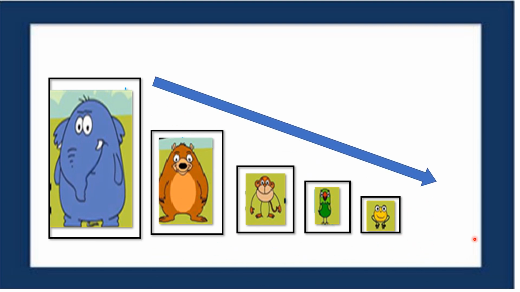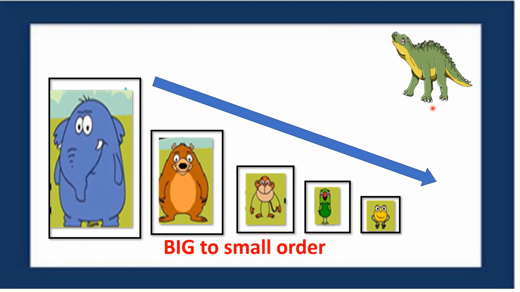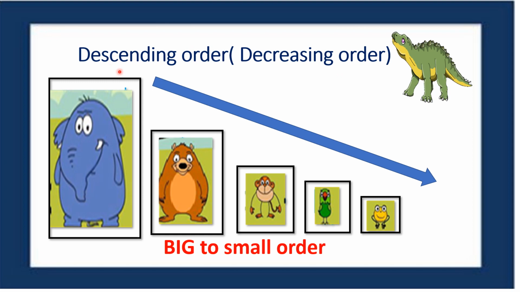These animals are standing from the biggest to the smallest. So big means you have to recall the picture of the bigger one, which is the dinosaur. So D for dinosaur. So these animals are standing in their descending order, or decreasing order also we can say.